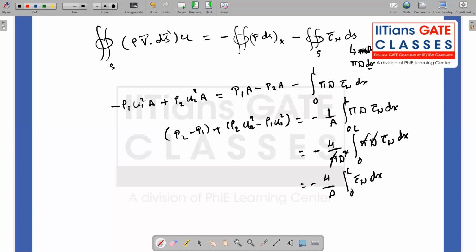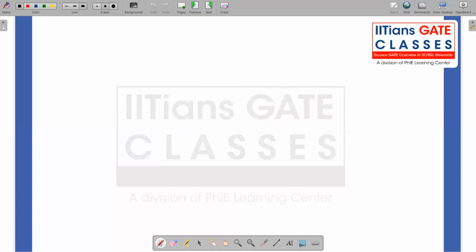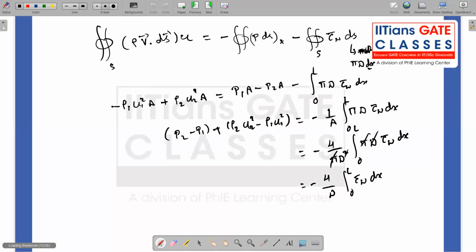So this is from an integral perspective. If I write the same momentum equation for a differential volume, a small length dx, I can write the differential form of this equation: dp plus d of rho u square. Just see the last equation, I'm writing the same thing.